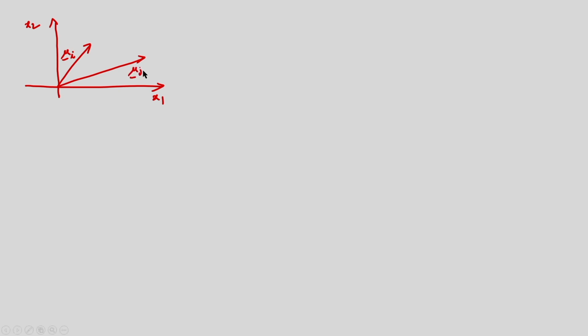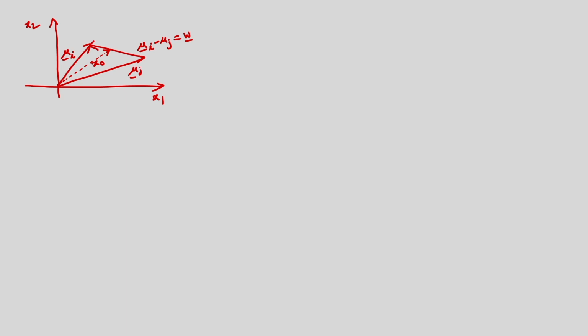And I can find the vector mu I minus mu j. That is nothing but the weight vector. And also I can determine the point, which is nothing but x naught. From those equations you can determine the point x naught.